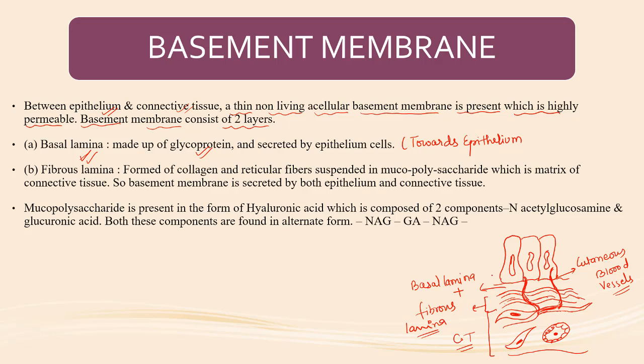You just have to remember that the basal lamina is towards the epithelial side, and the fibrous lamina is just below the basal lamina. The basal lamina is made up of glycoprotein, and it is secreted by the epithelial cells.